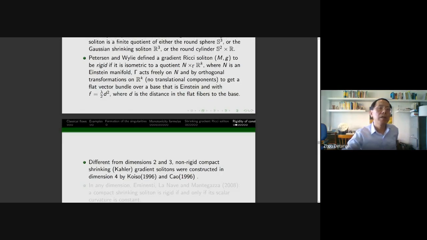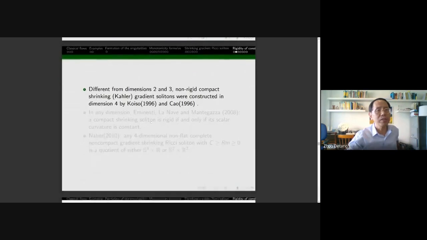So it's natural to ask, in the four-dimensional case, whether all the gradient shrinking Ricci solitons should be rigid or not. Because in the two and three-dimensional cases, you don't have examples with non-constant scalar curvature. And actually, the four-dimensional case is really different.